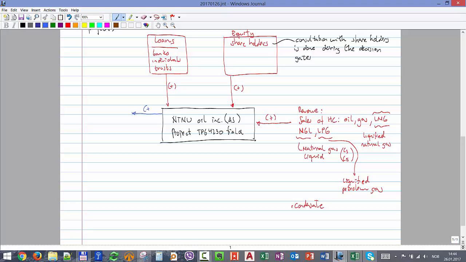Now let's put the expenses in blue. So first we have the capex. These are capital expenditures. And here we have all the engineering studies.